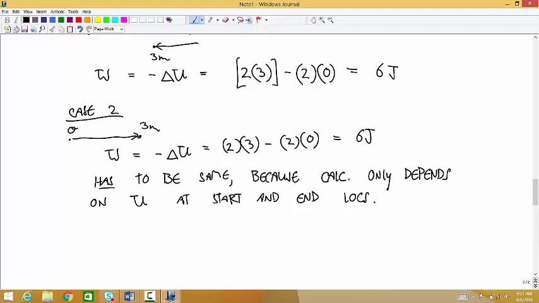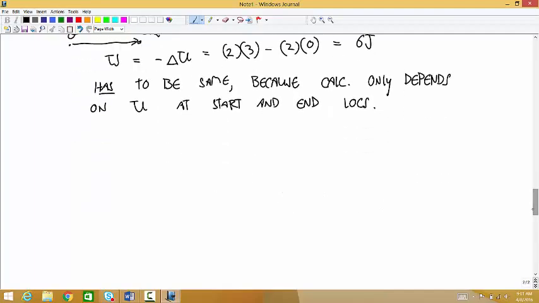Okay. These are basically the only 2 potential energy functions, the only 2 conservative forces that we're going to deal with. So 2 potential energy functions, two conservative forces for this class.